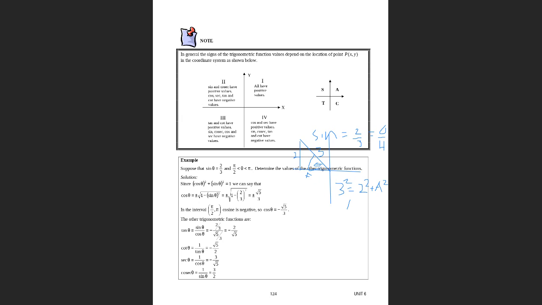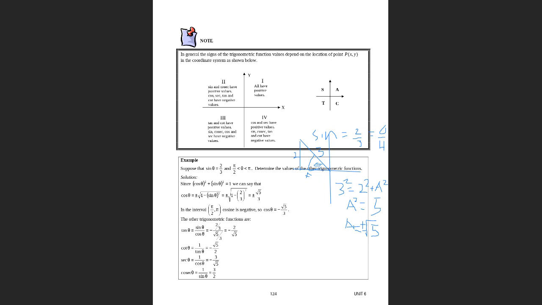So a squared can be equal to 5, and a is going to be equal to the square root, plus or minus 5.